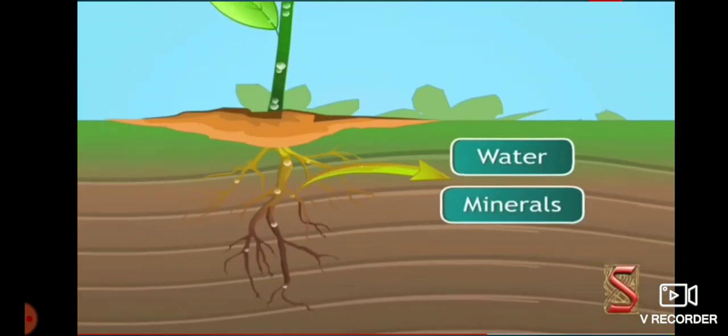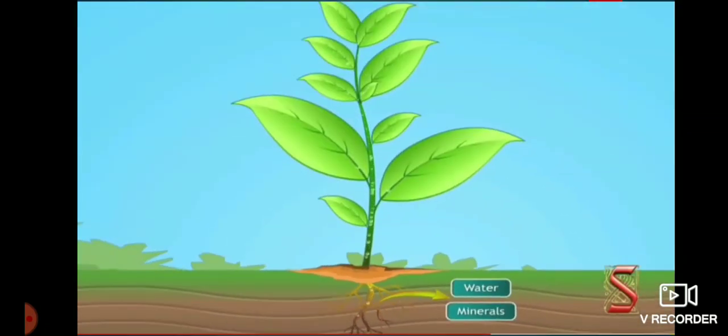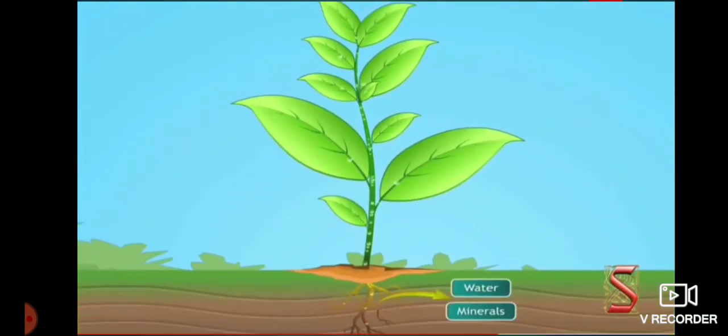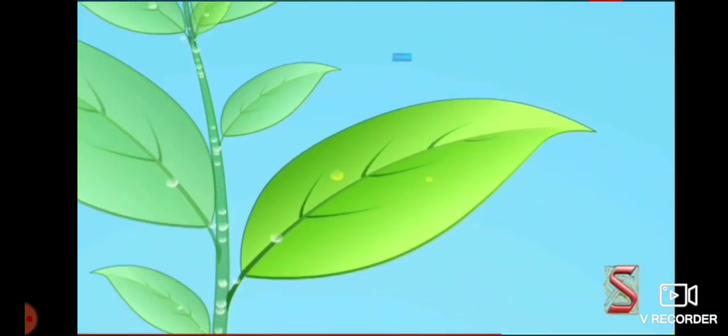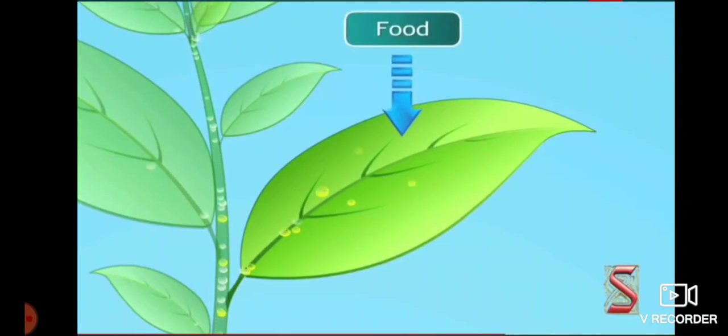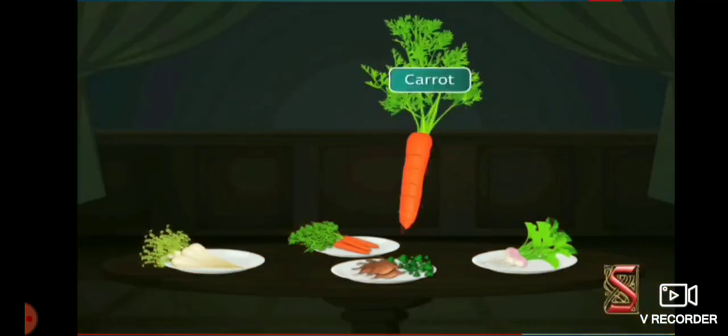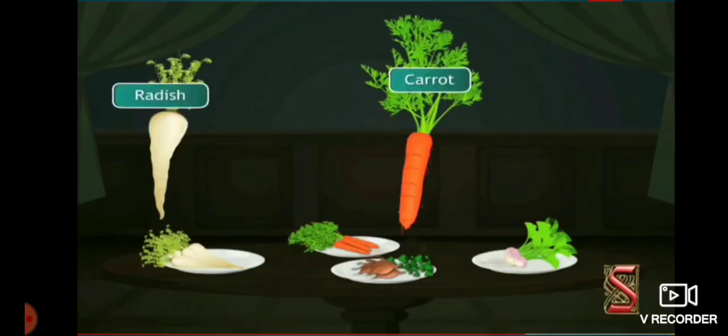And we studied already, roots absorb water and minerals from the soil and give it to all other parts of the plant. Food is prepared by the leaves of the plant, and this food is then transported to other parts.